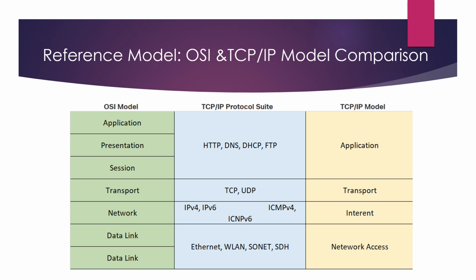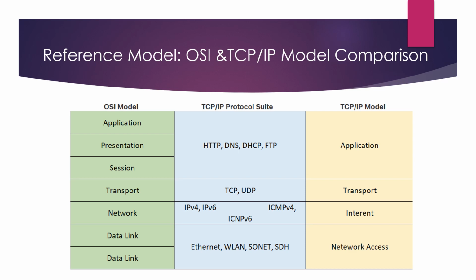However, the 2 models differ in how they relate the layers above and below each layer. OSI layer 3, the network layer, maps directly to the TCP/IP internet layer. This layer is used to describe protocols that address and route messages through an internetwork.